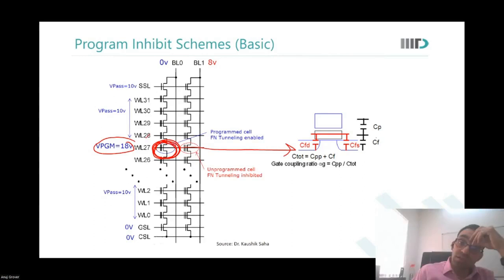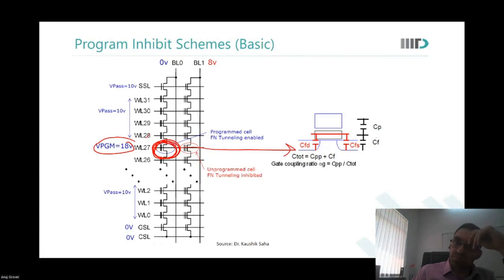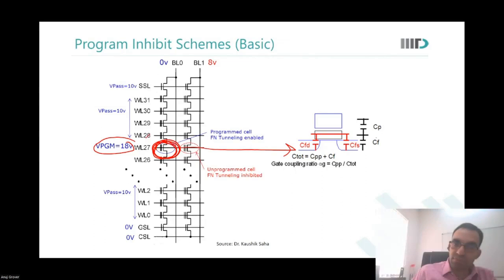So how do you prevent write in other columns? How do you prevent write into the adjacent ones?